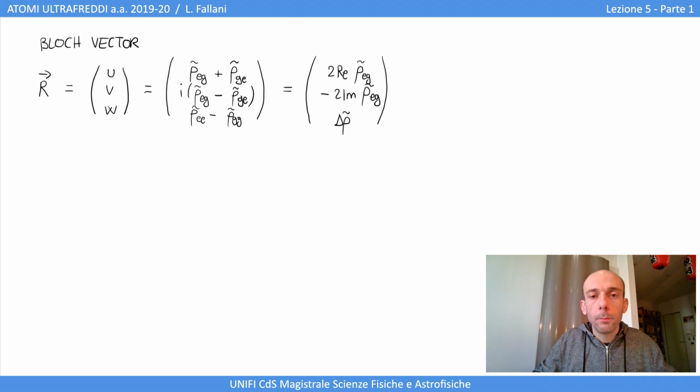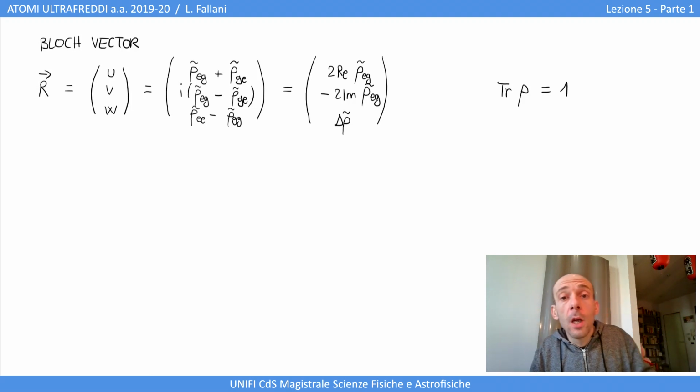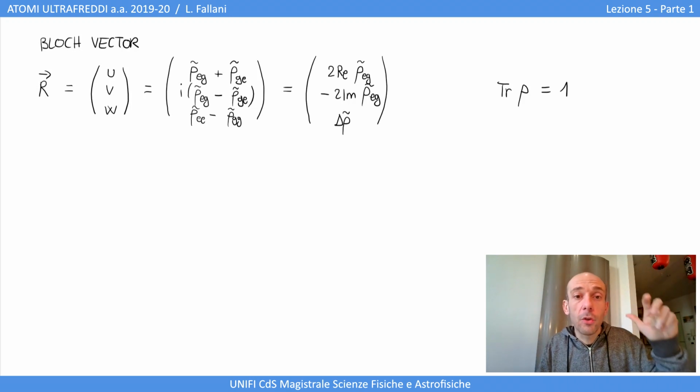So the Bloch vector basically is a complete description of the density matrix for a two-level system, since it contains the information on the diagonal components, since we have the additional constraint that the trace of a density matrix has to be equal to 1, so the diagonal elements are completely determined by the third component of the Bloch vector, while the two coherences, the off-diagonal components, are given by the first two components of a Bloch vector, U and V.